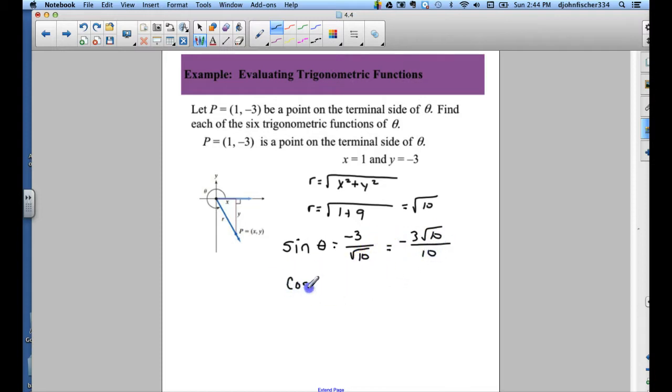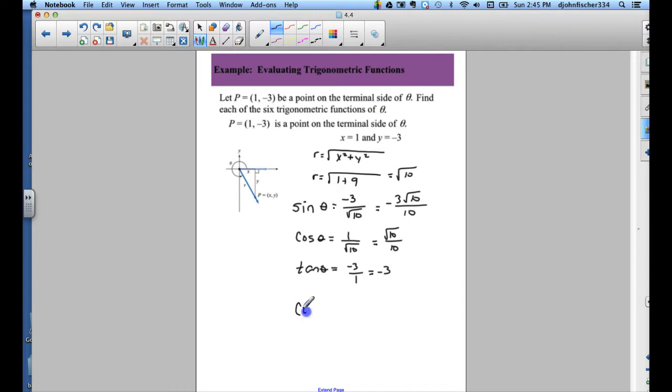Cosine of theta is x over r, so it'll be 1 over the square root of 10, which is square root of 10 over 10. Tangent of theta is y over x, -3 over 1, which is -3. Cotangent is x over y, so it'll be -1/3.